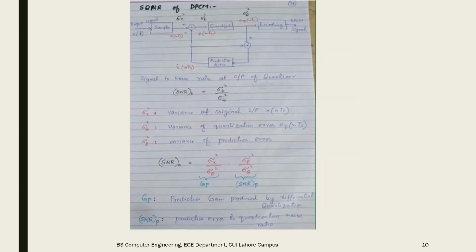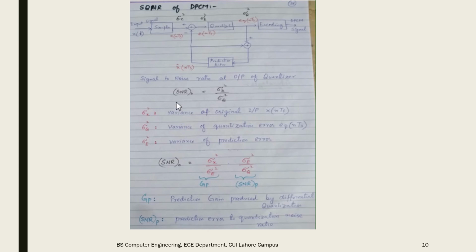The output signal to quantization noise ratio for a DPCM system may be defined in a similar manner as that for a PCM system. The signal to noise ratio can be calculated with the formula SNR is equal to the mean square value of the signal over the mean square value of quantization noise. But since we are talking about noise, the mean square value is basically equal to the variance.